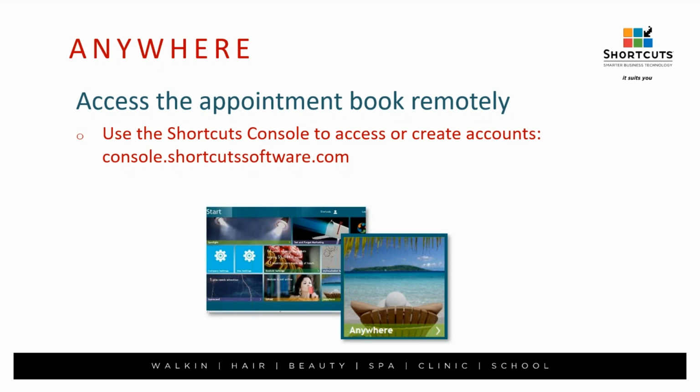Just because you give an employee permission to access the console does not mean they have the ability to look at business information, change your online booking settings or company settings. By default, if somebody has employee access, the only thing they have access to is called Anywhere, and all it does is show them their appointments for that day or that week. So, how does Anywhere work? How do we set up Anywhere?